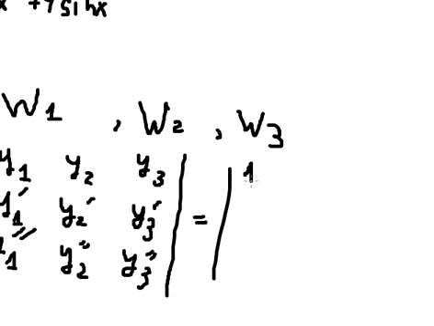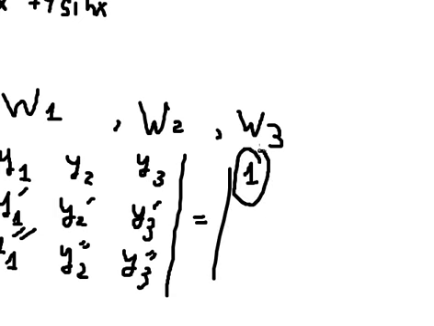Y1, we have 1. The first derivative of 1, we have 0. The next one, you get 0. This one, y2, we have sin x. Then, we need to take the first derivative of sin x.